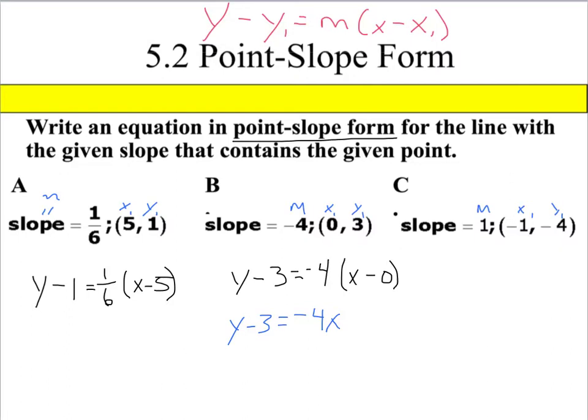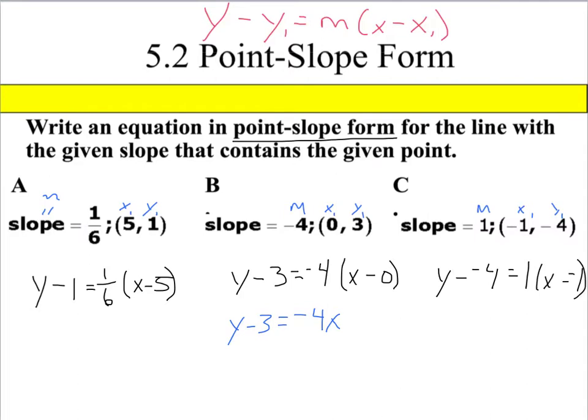Next, letter C, I just plug it into my y minus y1 is equal to m times x minus x1, which is point slope form. So plugging things in, y minus -4 is equal to 1 times x minus -1.